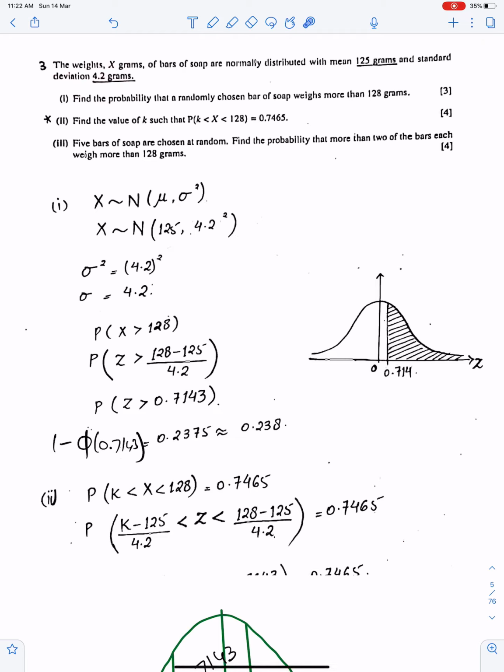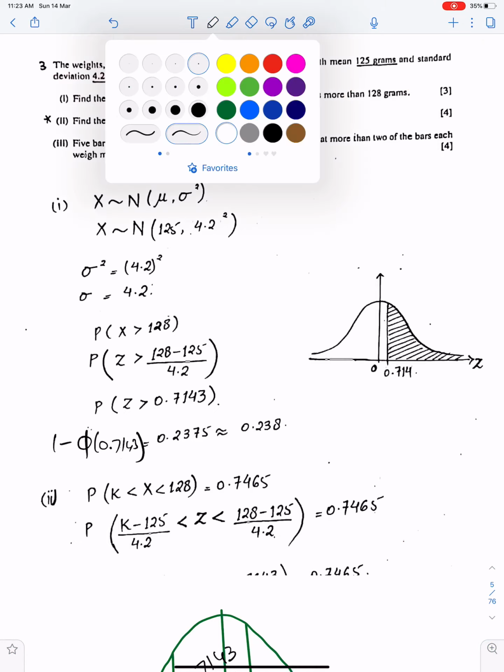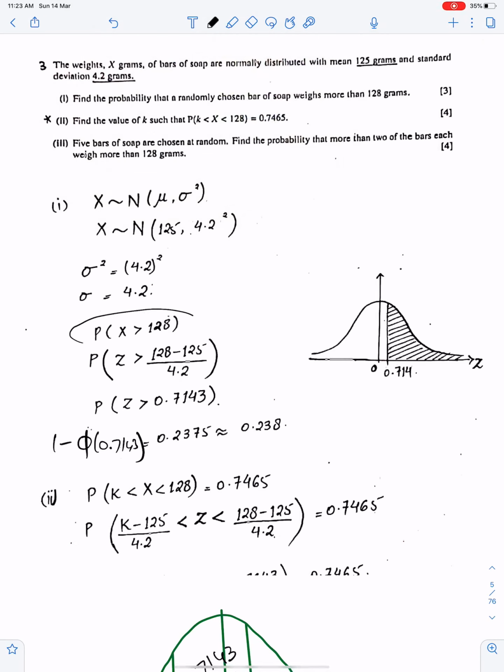So this is the normal distribution with mean 125, variance 4.2 square. We need probability that a randomly chosen bar of soap weighs more than 128 grams. So we need probability x greater than 128.